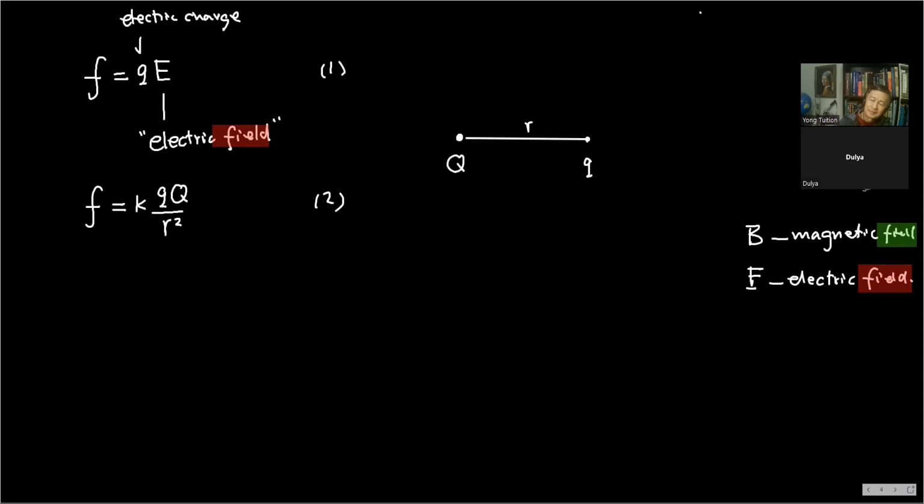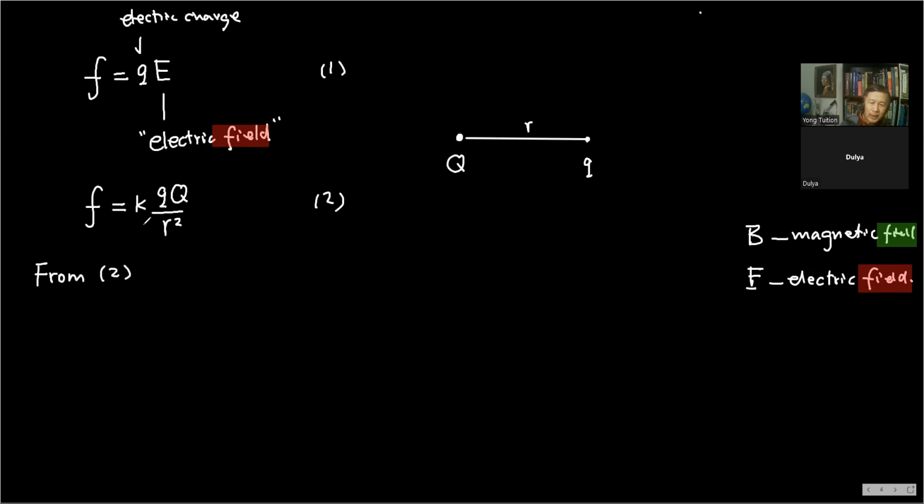Electricity? No, you're talking about the electric field. Not quite. It's related to electricity, but if I just rewrite this equation, you will know what a field is. Can we do some variation from equation 2?